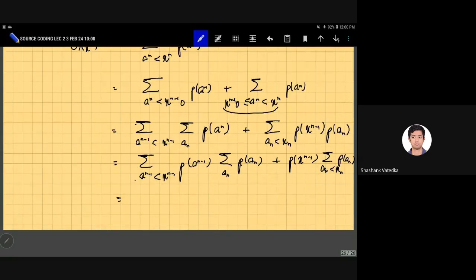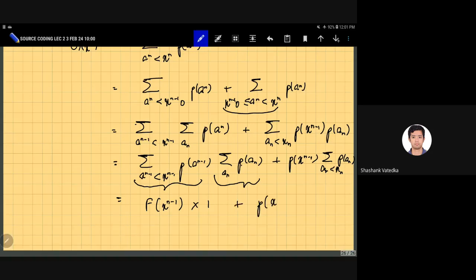Right? So what is the first term? This is just g of x^(n-1). What is the second term equal to? It is equal to 1, plus p of x^(n-1). And what is this term equal to?